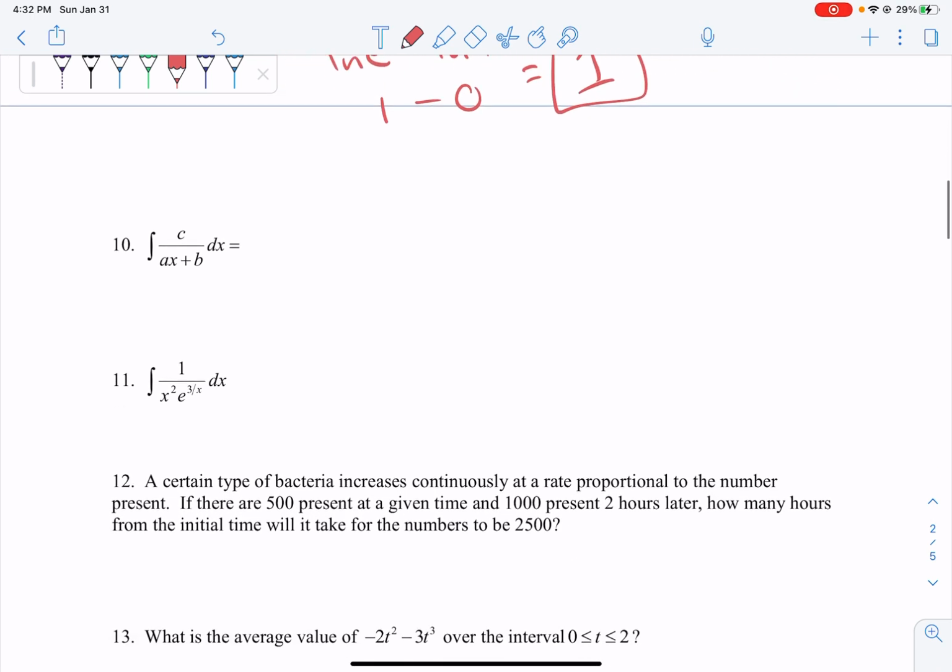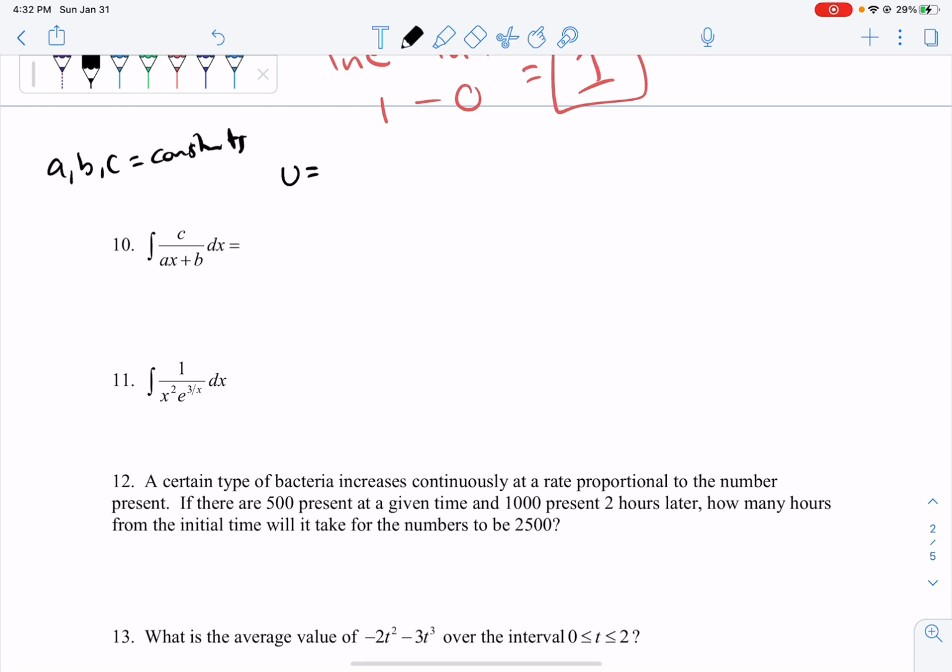Okay, number 10. The integral of c over ax plus b dx. Wow, okay. I'm not even going to try figuring out what that looks like. So a and b and c, we know that those are all constants.